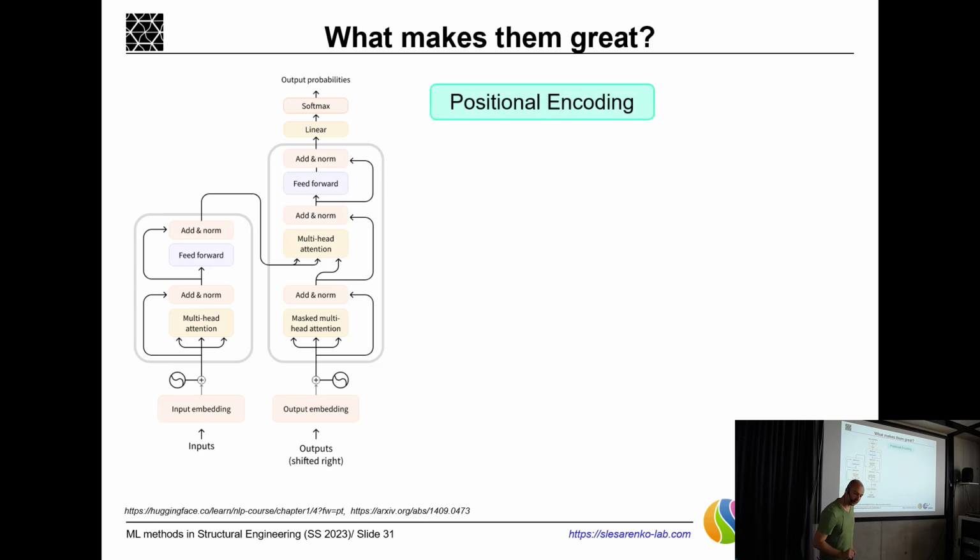It's positional encoding. Now, if you remember what we talked about when we talked about RNNs, we put these elements one by one inside of our units. But now the word order is stored in the data, and that's quite important.